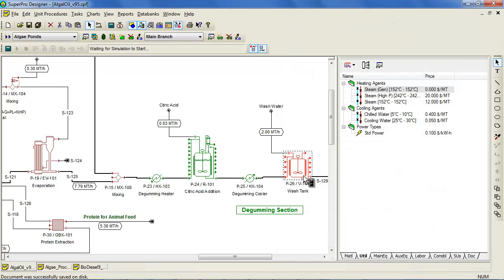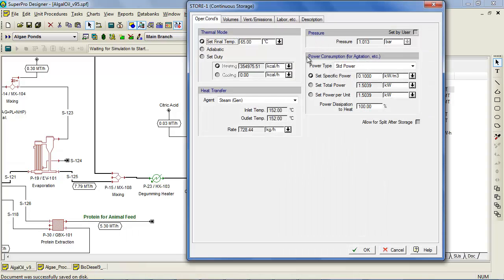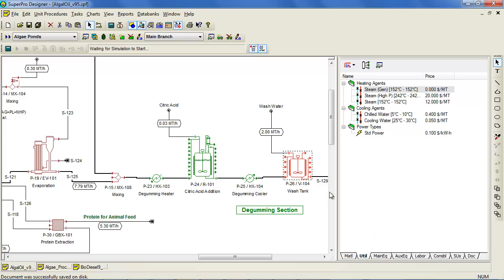Then, Steam Gen was selected as the heat transfer agent for the operations within units V104, HX103, and EV101. The result of these specifications is a reduction in the overall utility usage and the associated utility costs, since there is no longer any cost associated with heating these three units.